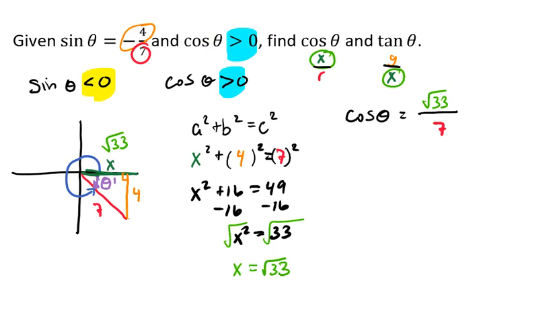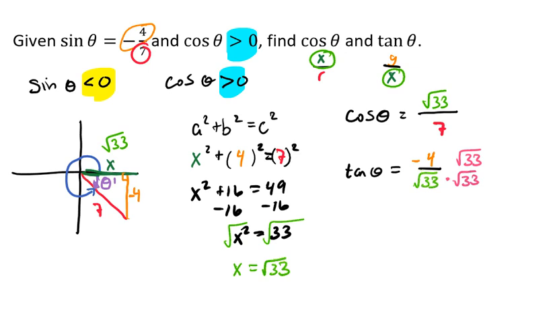And now for tangent. So we're finding our tangent of theta. We're going to have our y value, so -4. Because remember, we were going down, right? So -4 over our x value of radical 33. And we can't leave it like this. We need to rationalize that denominator. So we're going to go ahead and multiply both the numerator and the denominator by the square root of 33.